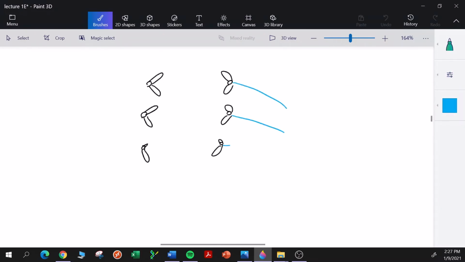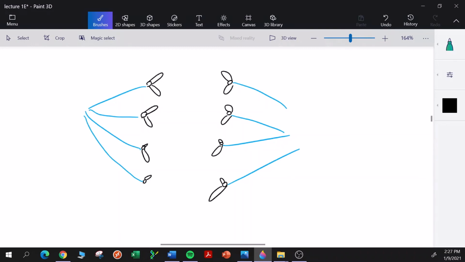Oh, I lost one chromosome, didn't I? Okay, so how many chromosomes do we see here? We see 8 chromosomes now, right? Before we only had 4, but now we see 8. But 4 are moving that way, and 4 are moving that way.